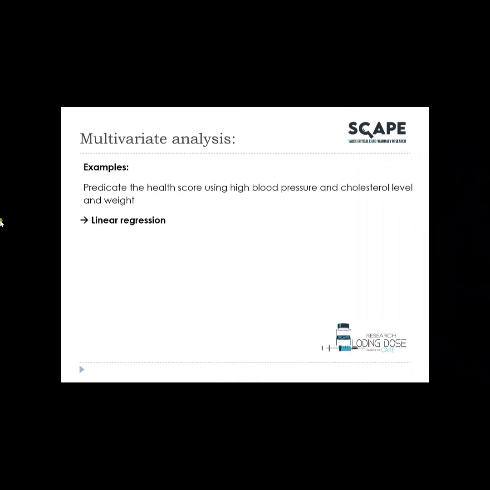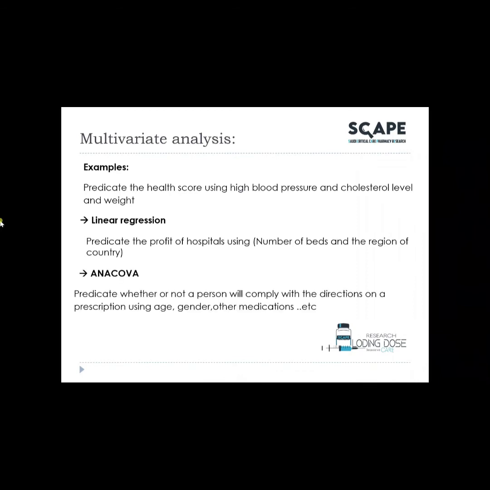So the outcome is numerical and the inputs are numerical, so I will use the linear regression. Predict the profit of a hospital using number of beds and region of country. Profit will be numerical, and the input here is numerical and categorical, so it will be ANCOVA.